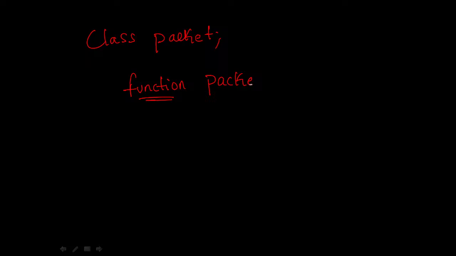So in this class packet we are creating a function, and this function name is also copy. Okay, so inside this copy method, again we are creating the object for this particular handle. I have told you the function name will also act as a handle, since we are declaring it is of type packet.